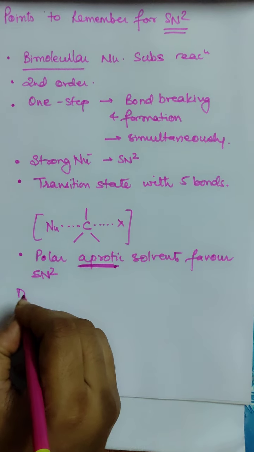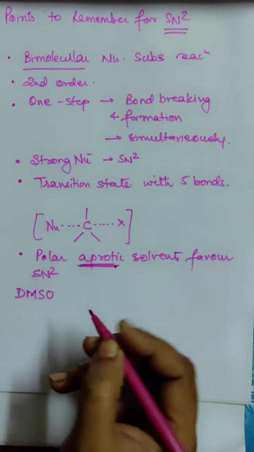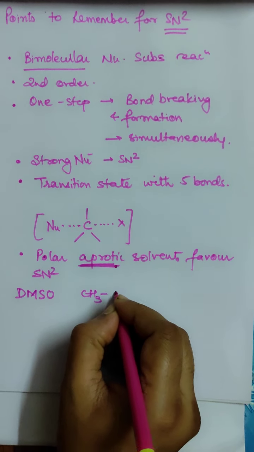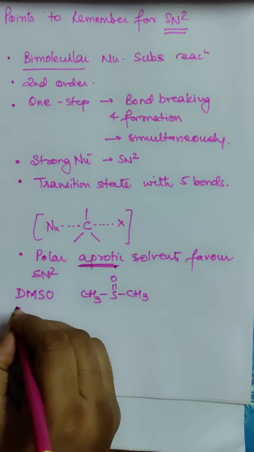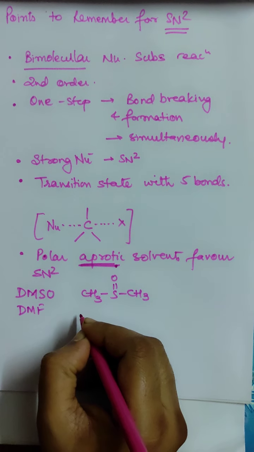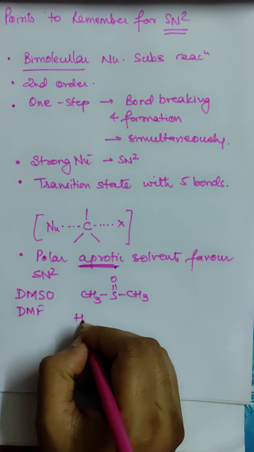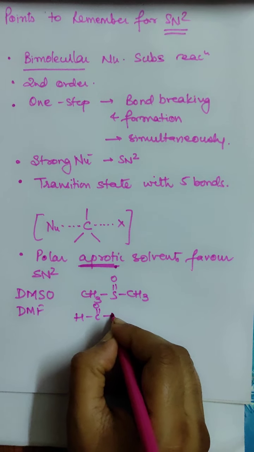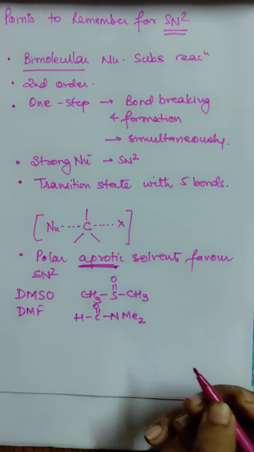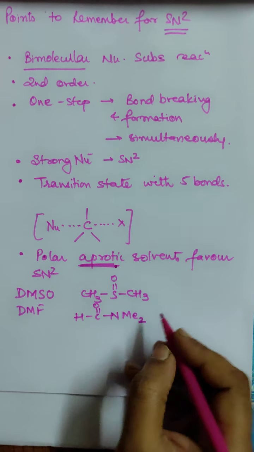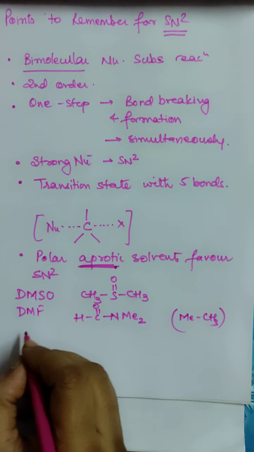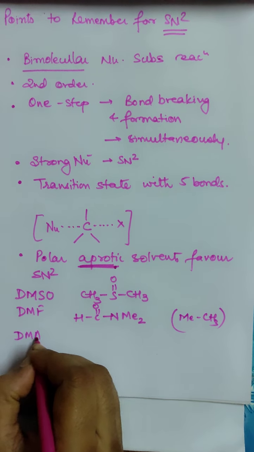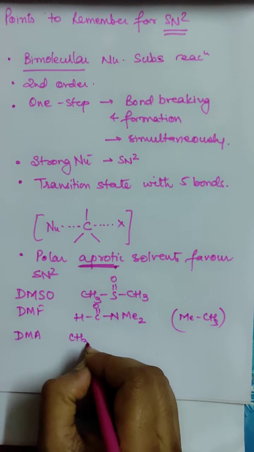So here examples will be DMSO, that is dimethyl sulfoxide. It is having a structure like this. Then we have DMF, that is dimethyl formamide. Dimethyl formamide has a structure, I am writing as Me2, Me means here methyl group. Then we have DMA, that is dimethyl acetamide.